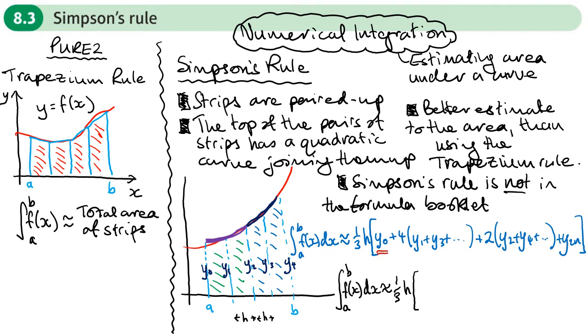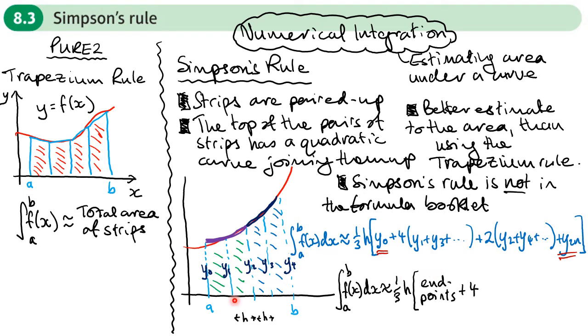here we've got the endpoints, the first and the last value. So we want the sum of those endpoints, plus 4 times all of these y values here, like y1, y3.